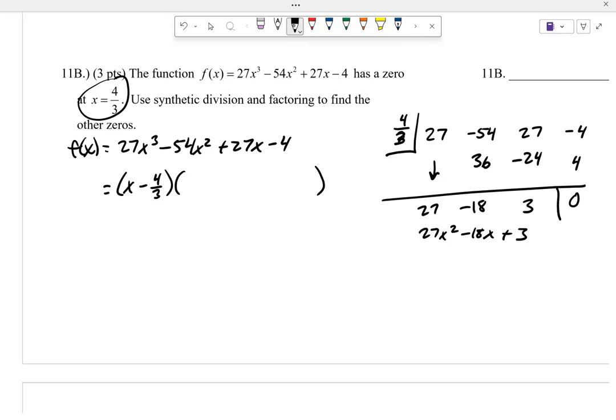Let's go ahead and put it in over here. 27x squared minus 18x plus 3. Now notice on this 27x squared minus 18x plus 3, notice I could take a 3 out of each of those.